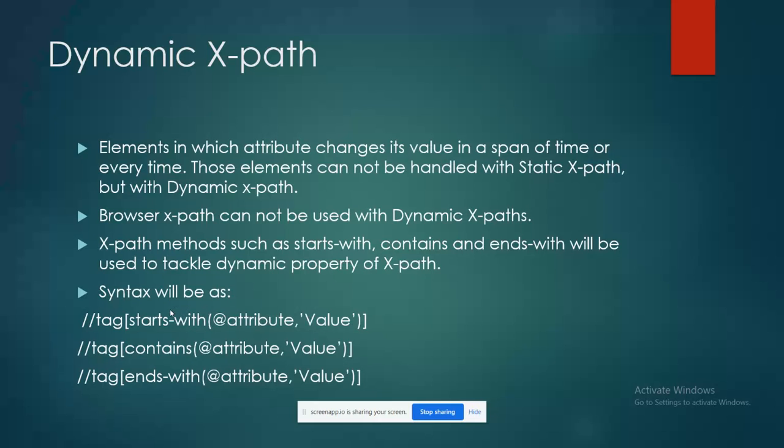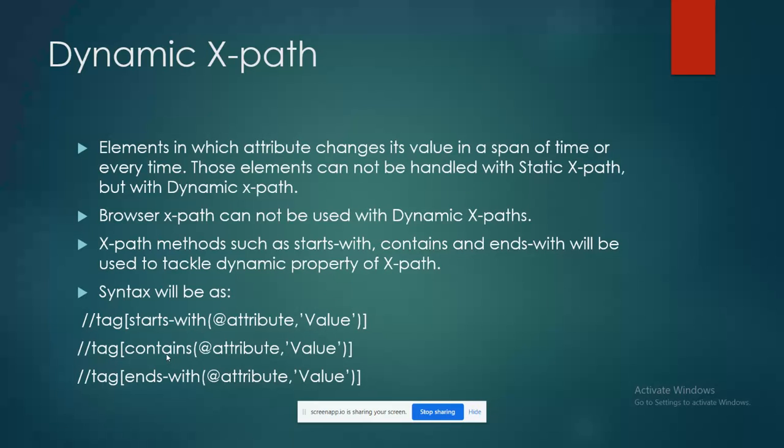Starts-with is used when the starting part of the value is unique and doesn't change, but the end part is dynamic. Suppose the ID is ID1234. If 1234 keeps on changing but the ID part remains the same, we can write starts-with, attribute ID, then the value ID. The second is contains.